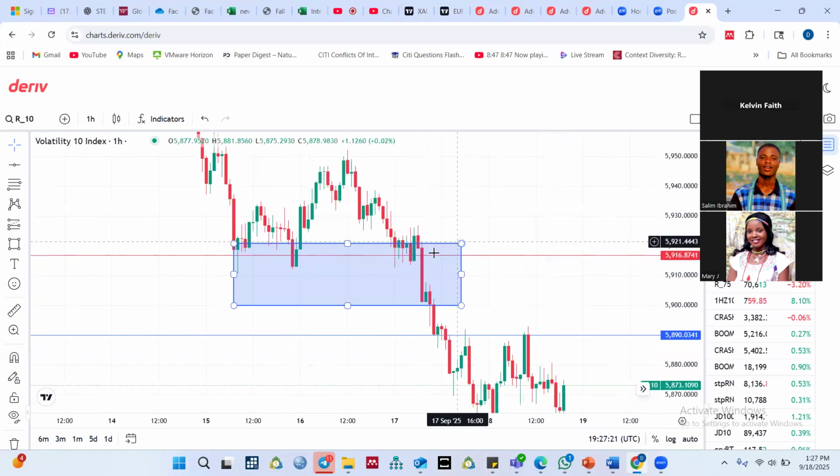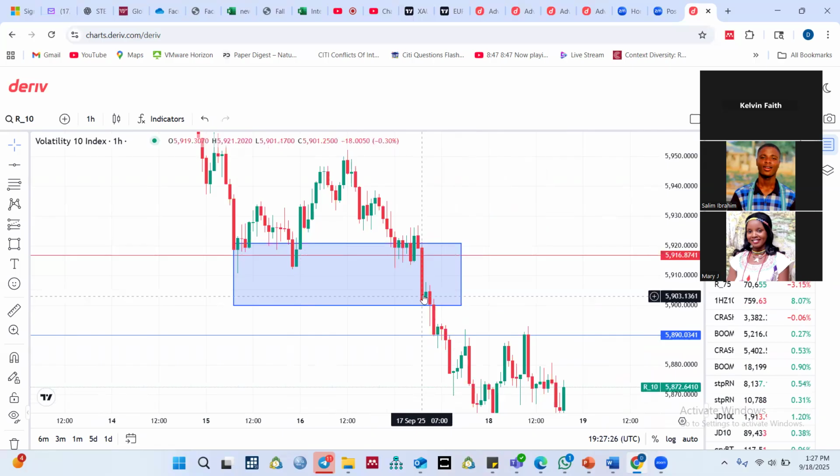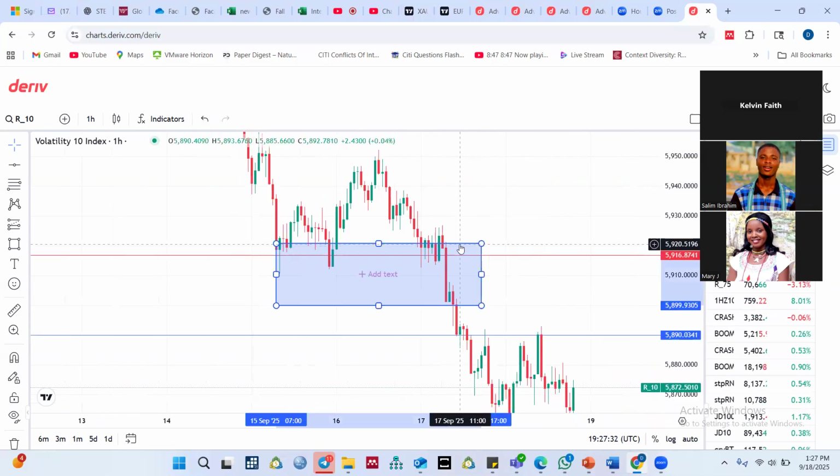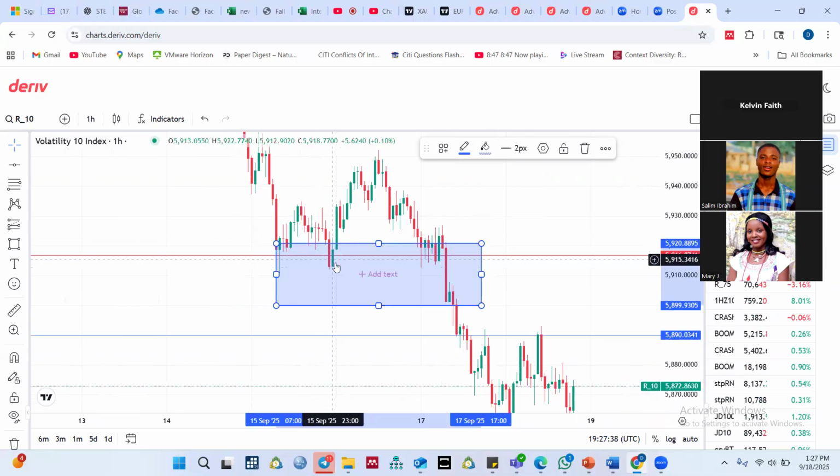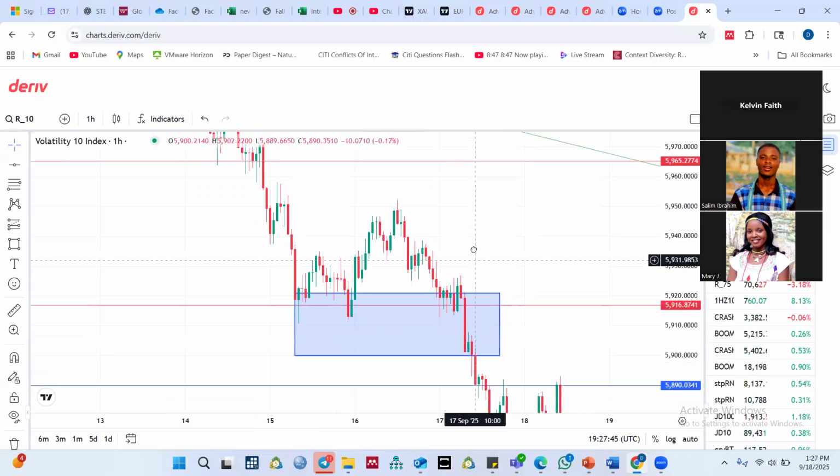But this time, the next time you should be looking for a big activity, a big move, a big candle, because that is what will push the price down. Do you get? So most times the first or the second hit or close below might just give you the indication. And always, if you have the indication, there should be a corrective pullback.